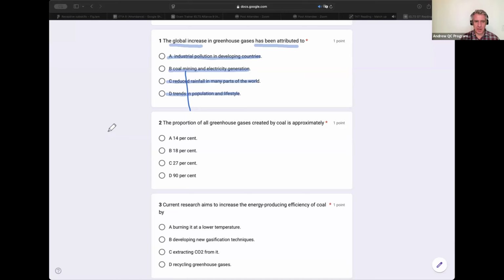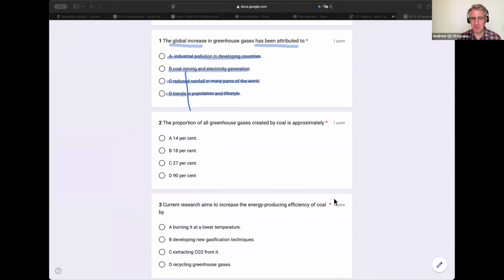I'd like you to look at number 2, 3, 4, and 5 and see if you can do the same. Perhaps you could type your answers into the chat. So, proportion of all greenhouse gases created by coal is approximately.